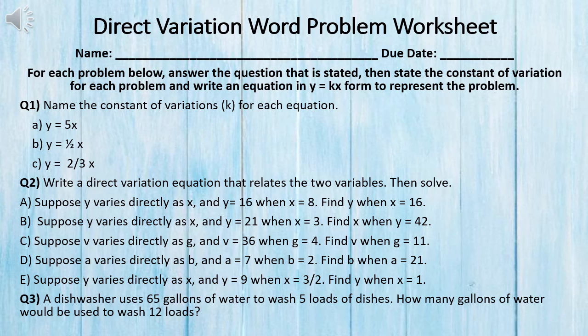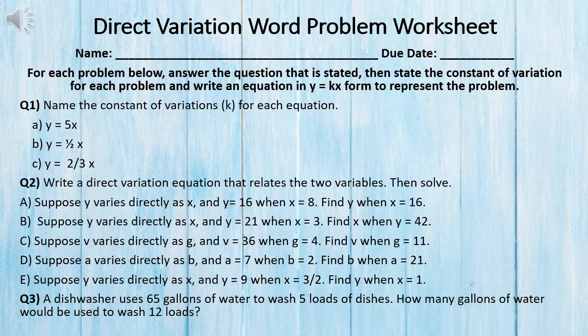Now the third question is, a dishwasher uses 65 gallons of water to wash 5 loads of dishes. How many gallons of water will we use to wash 12 loads? So here two things are given, that is gallons of water and loads of dishes. So they are in direct proportion.